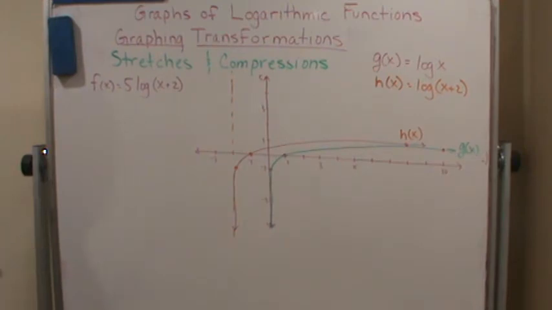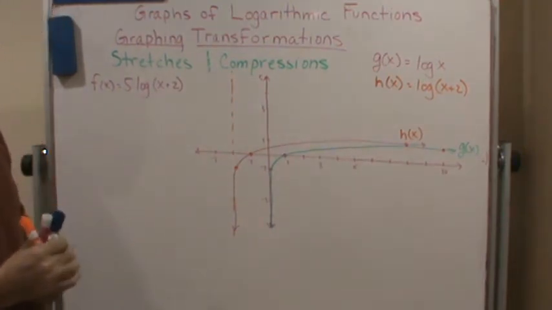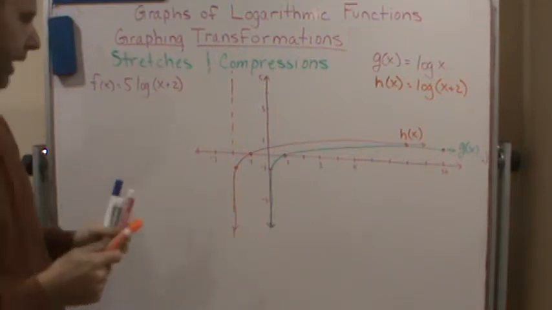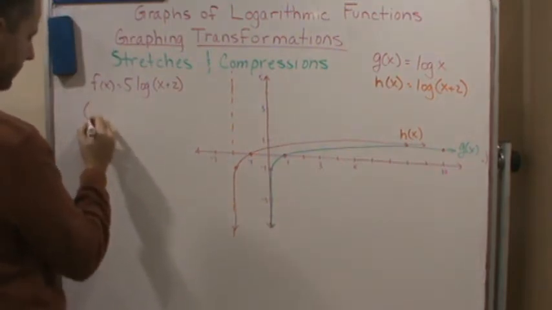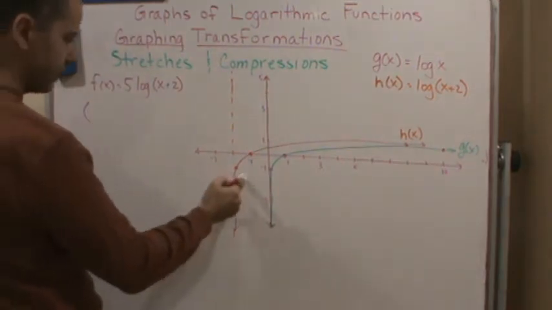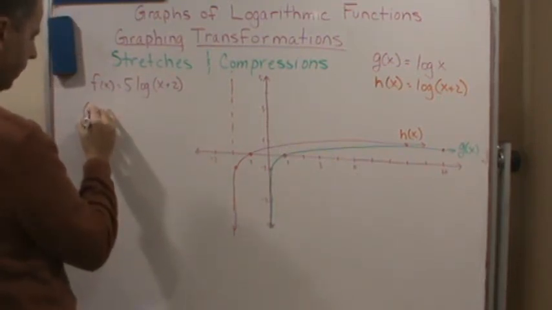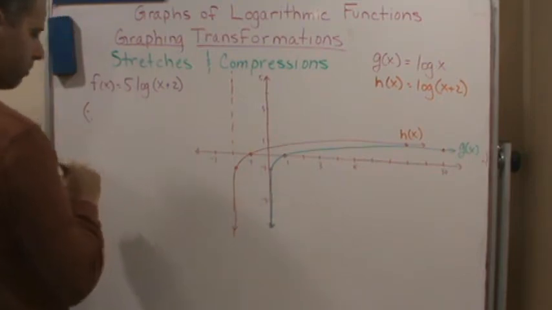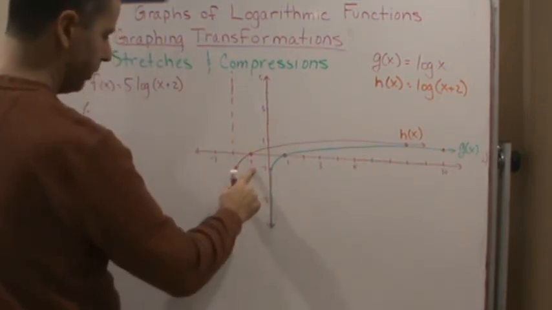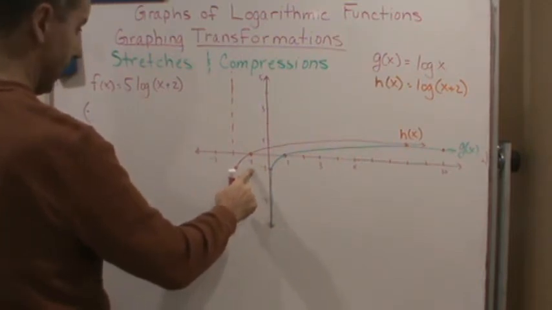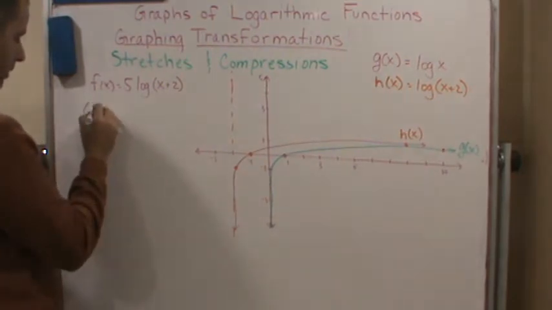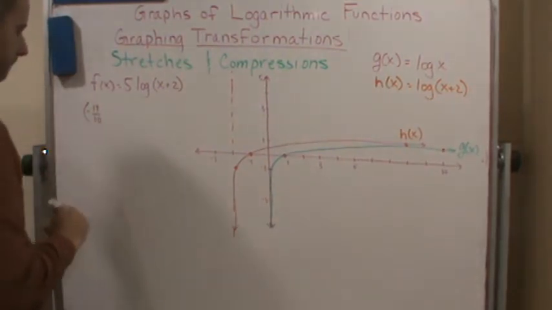And then finally, now we multiply by 5. So now we're going to multiply all of the y values by 5. So again, we take the points. What are the 3 points? Well, now it's at -1 and 9/10, so that's going to be -19/10, -1.